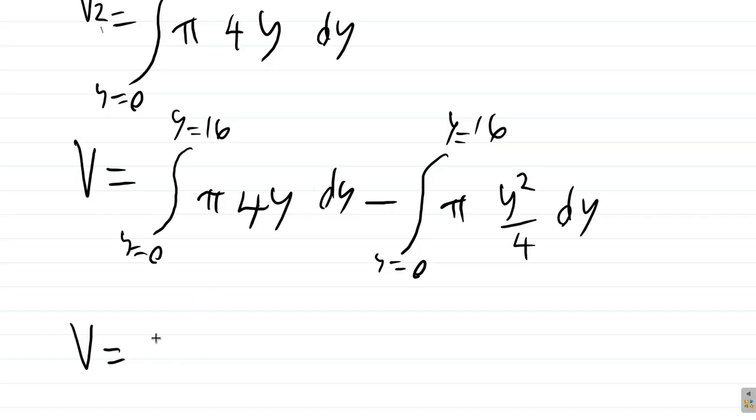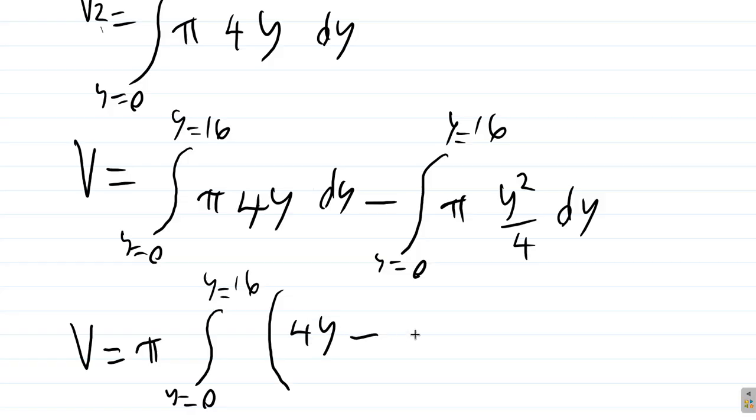Now this is the same as, if you factor out pi and consider the integral of everything from y equals 0 to y equals 16 of 4y minus y squared over 4 dy. You could do it like that.